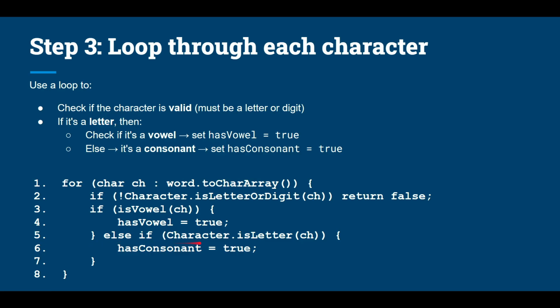Then in the else condition, we check whether it is a letter, and mark hasConsonant as true. So, to repeat, we make a loop and check that the character is valid, must be a letter or digit. If it is not, we return false. Otherwise we continue and find either vowel or consonant. If it is a letter, we check for vowels, otherwise we check for consonants. Okay, so like this we'll go on.